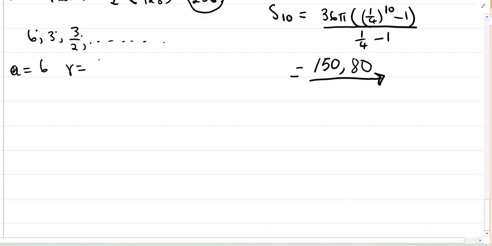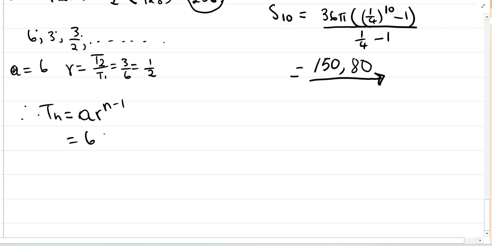The value of R is T2 over T1. In this case, it is 3 divided by 6, meaning that the ratio R is 1 over 2. And our general term for the radii is A times R to the power of n minus 1. A is 6. R is 1 over 2 to the power of n minus 1. This is our general term.